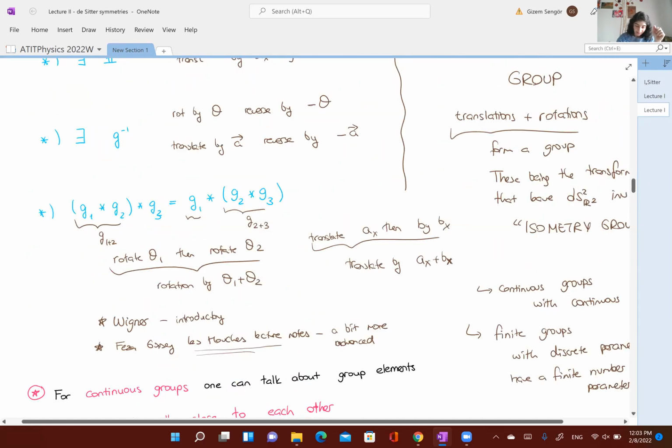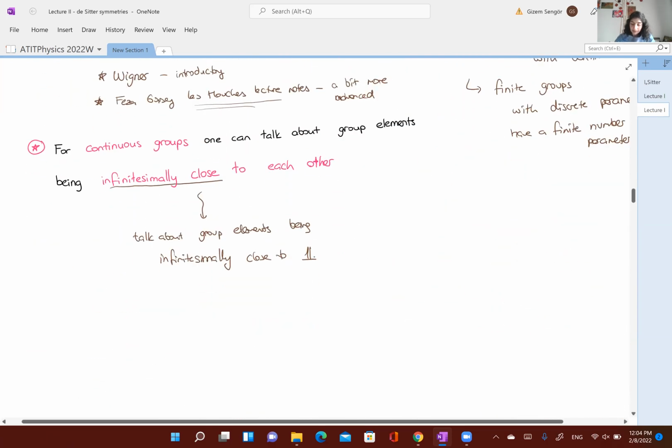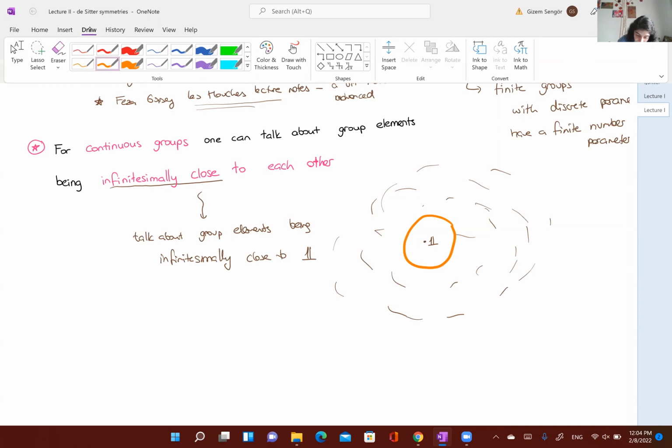So remember what the identity was. This was the don't-do-anything operation, where you haven't changed anything. Now, this doesn't mean all the elements are right next to the identity. It means wherever this identity element is, and your group has all these elements everywhere, you can talk about a set of elements close to the identity.